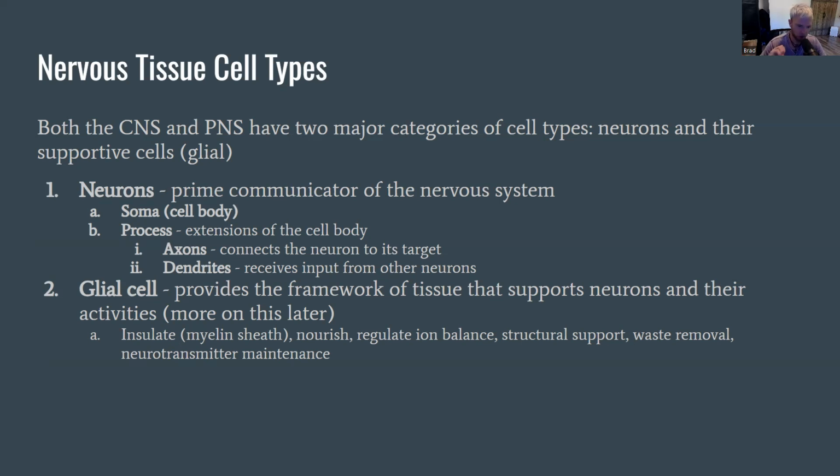So the glial cells are not participating in the nerve signal sending, but they do insulate the wire. It's almost like flipping on your light switch: the wire that runs from the switch to the light bulb is conducting the signal, but the insulative material that goes around it isn't conducting the signal. It's just insulating it.